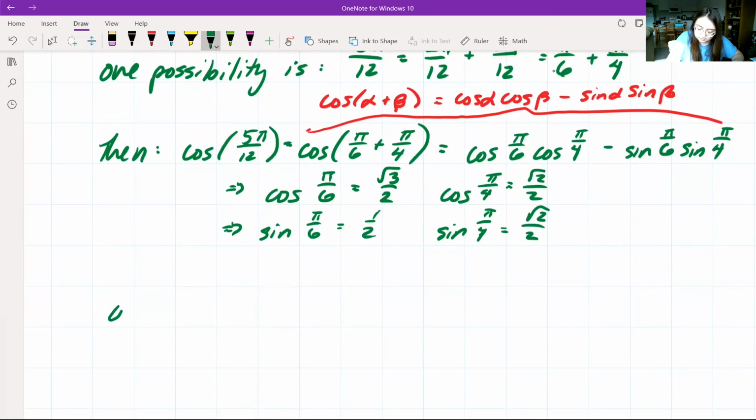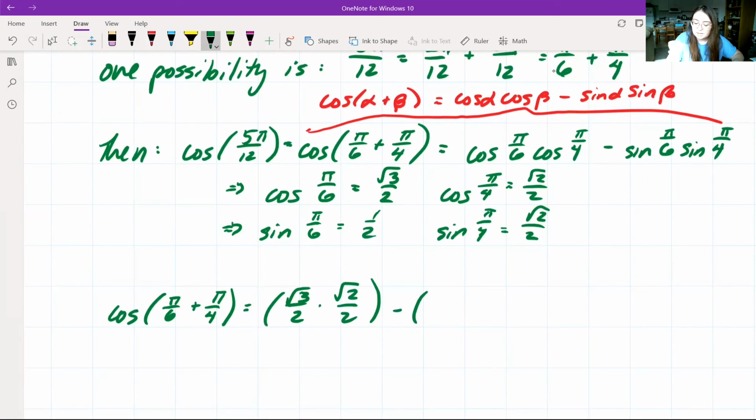So this means that cosine of pi over 6 plus pi over 4, using our formula from before, is going to simplify down to square root of 3 over 2 times square root of 2 over 2, minus 1/2 times square root of 2 over 2.